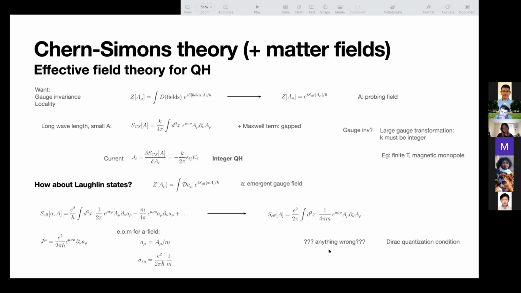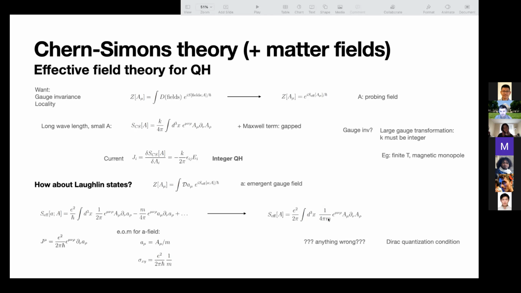Actually, there's nothing wrong here. The problem is with the Dirac quantization condition. Note that in the large gauge transformation I described before, we insert a magnetic monopole which has a strength 1 that's determined by Dirac quantization. But here, I actually require the Dirac quantization condition for the little a field, not for the big A field.